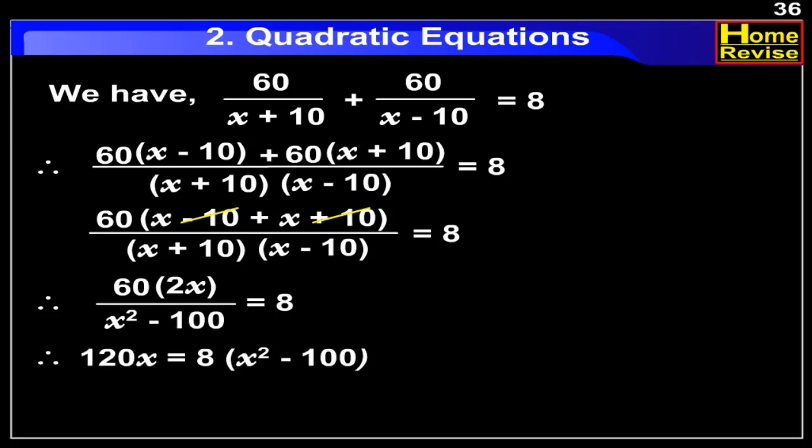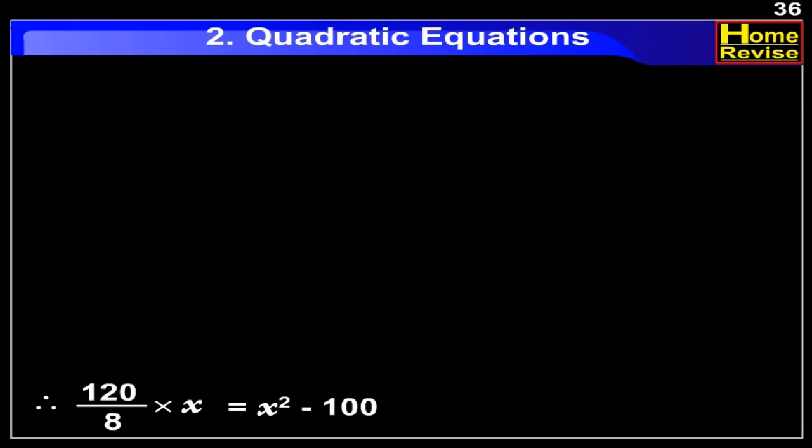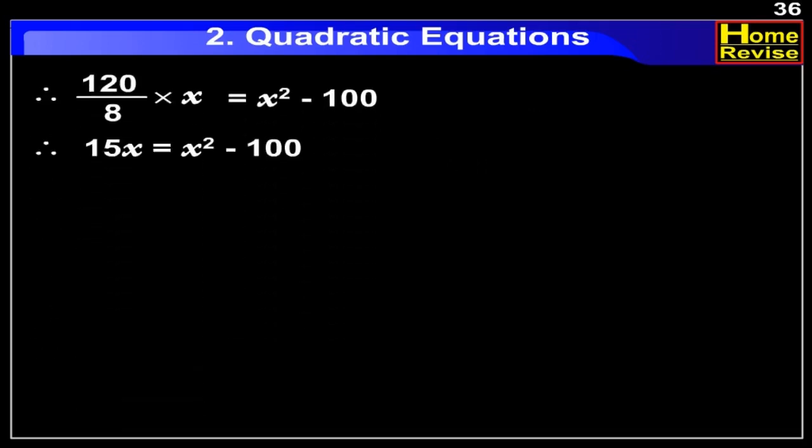Therefore, 120x is equal to 8 into in bracket x square minus 100. Therefore, 120 upon 8 into x is equal to x square minus 100. Therefore, 15x is equal to x square minus 100.